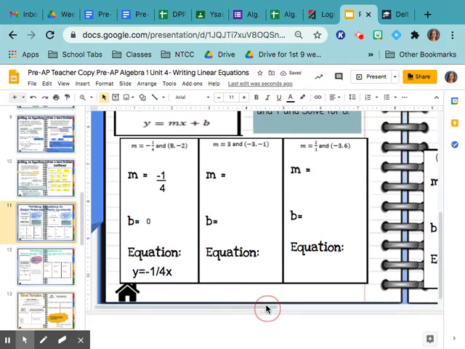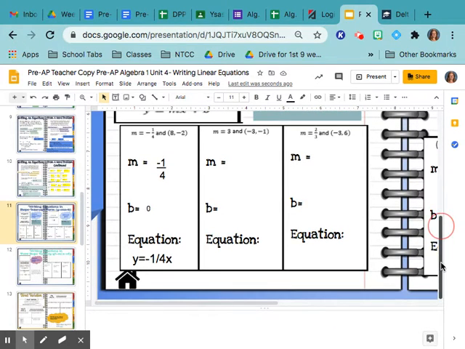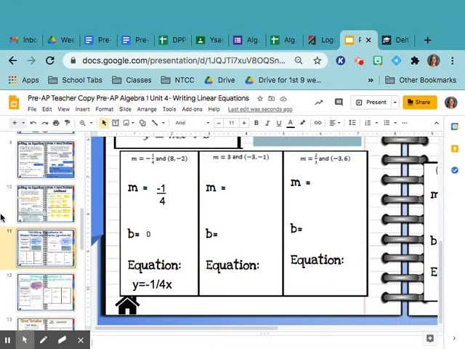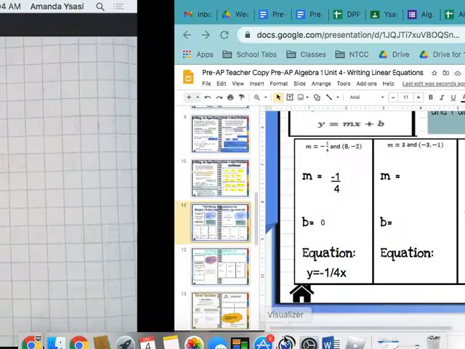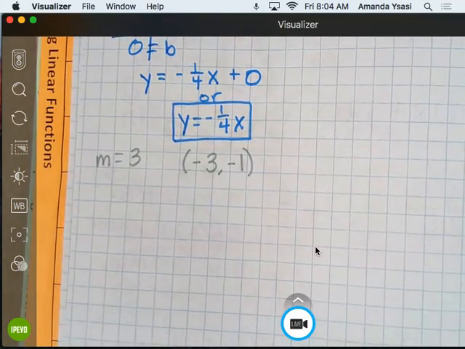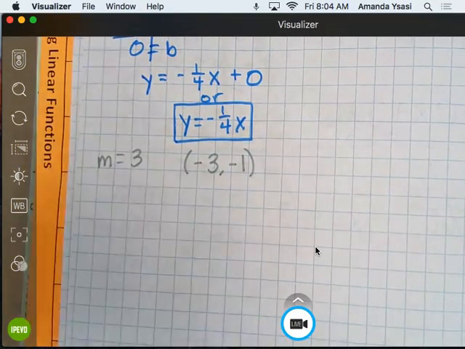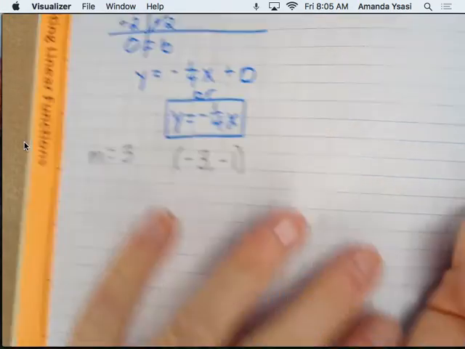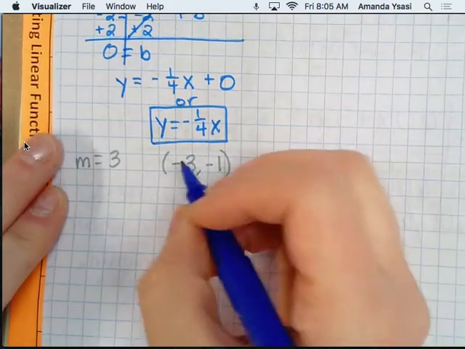Okay, let's go to the next one. So write down on your composition book, m equals 3, and then we have -3, -1. So we have an x and a y.